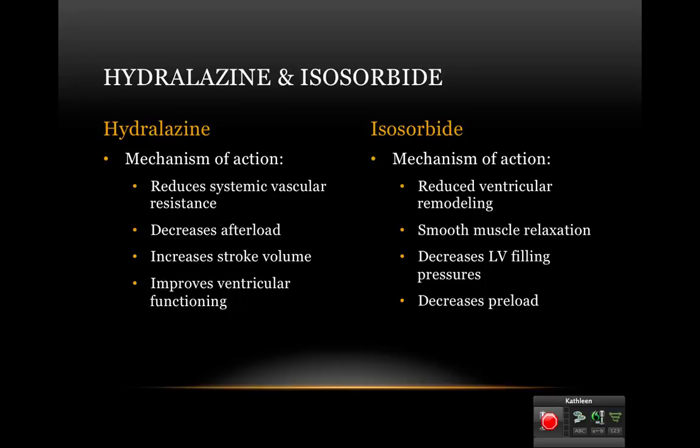Hydralazine and isosorbide also may be added to ACE inhibitors and beta blockers when additional afterload reduction is needed or pulmonary hypertension is present. A fixed dose combination tablet has been approved for the treatment of heart failure in African Americans. The fixed starting dose is 37.5 of hydralazine over 20 of isosorbide.